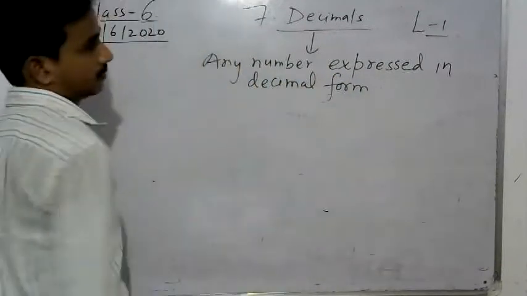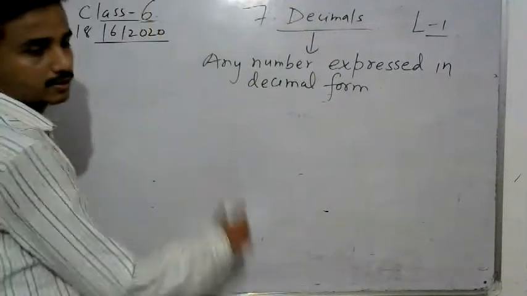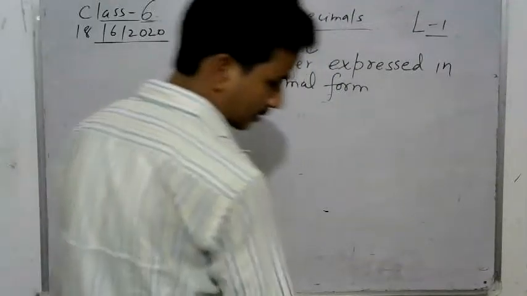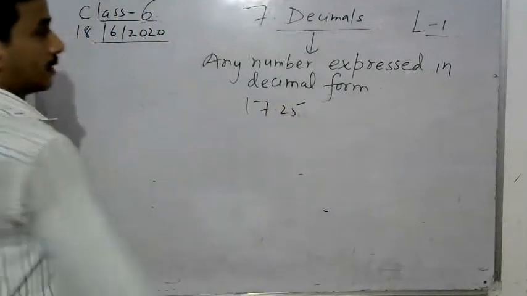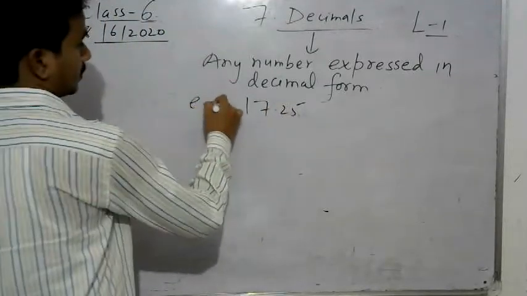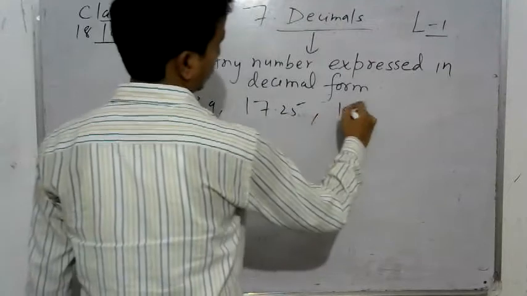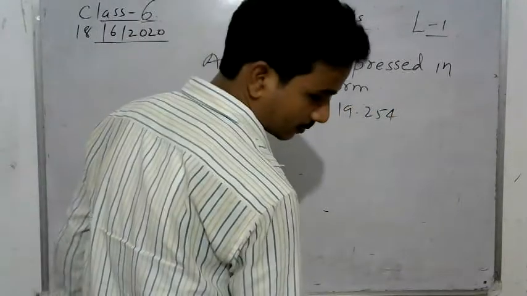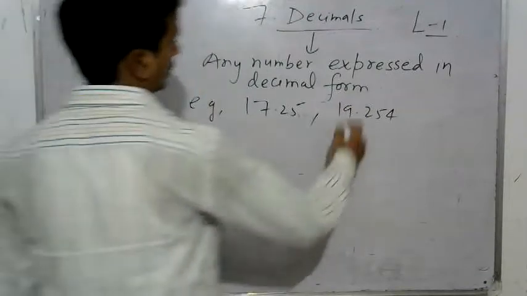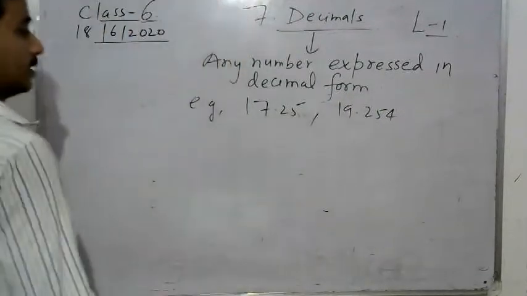Any number expressed in decimal form is known as decimal. For example, 17.25, 19.254 are known as decimal form or simply decimal.